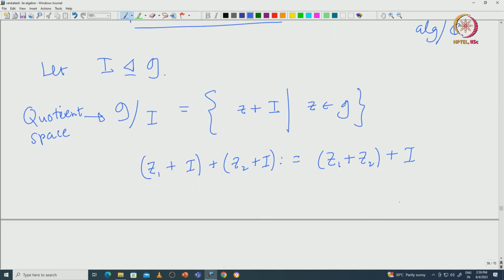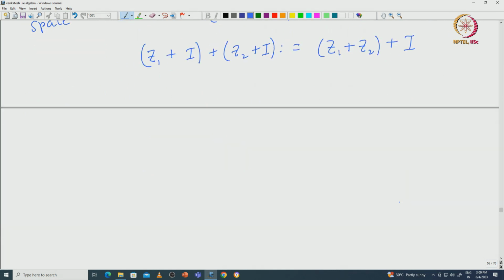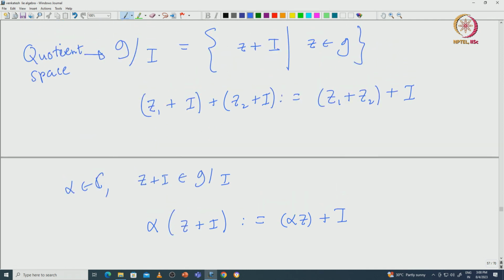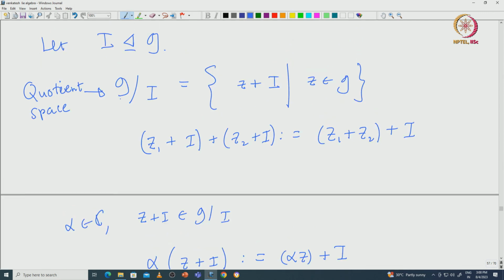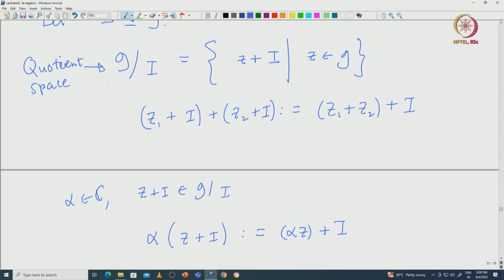Similar to that, you also have scalar multiplication. Suppose alpha comes from complex numbers, and Z plus I is an element of G mod I. Then what is the product alpha times Z plus I? This scalar product is defined to be alpha Z plus I. We use the scalar multiplication and the addition that are already available in the ambient space to define addition and scalar product for this quotient space.